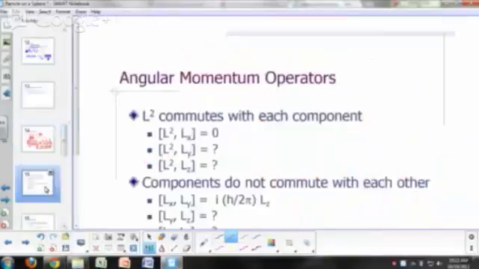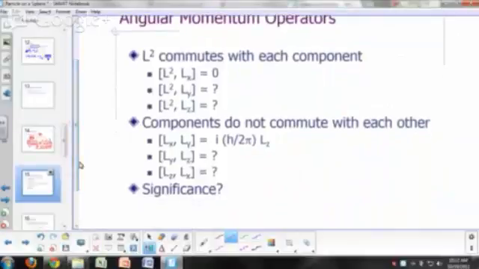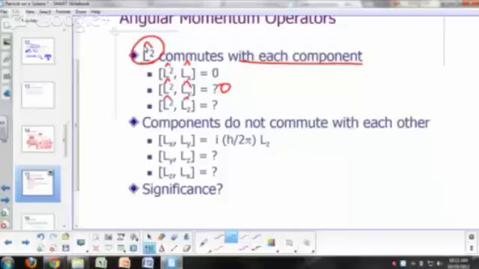So one thing you'll find when you write out these angular momentum vectors and derive the corresponding quantum mechanical operators, you'll find that the L squared operator commutes with each of its components. So the L squared operator commutes with L_x, L squared commutes with L_y, and L squared also commutes with L_z.